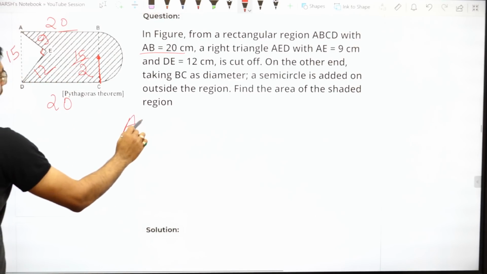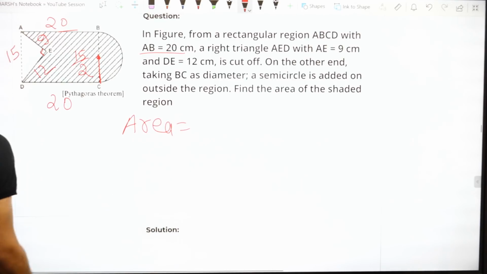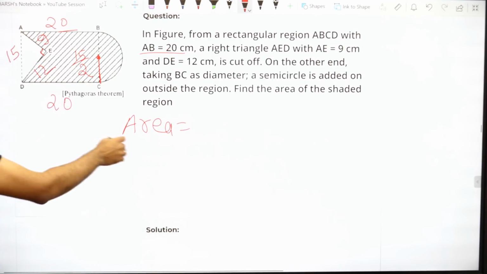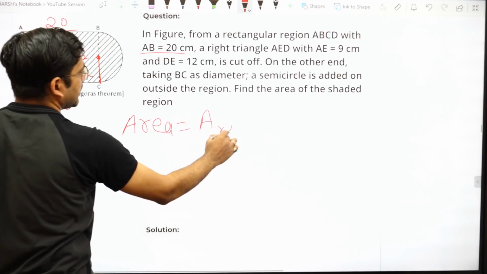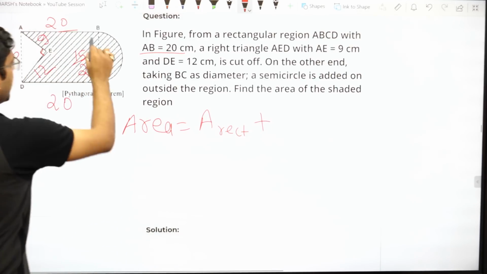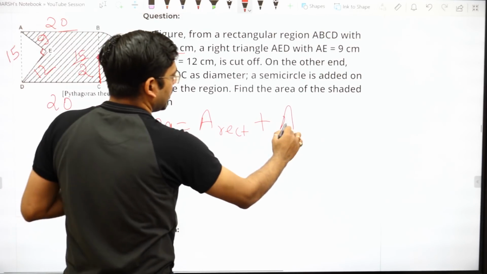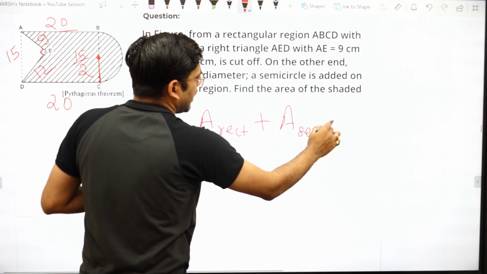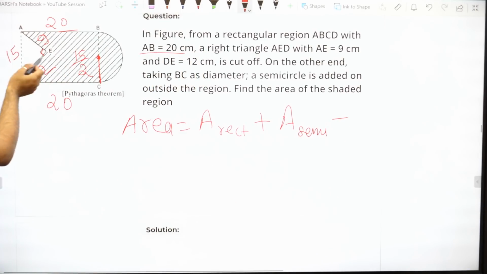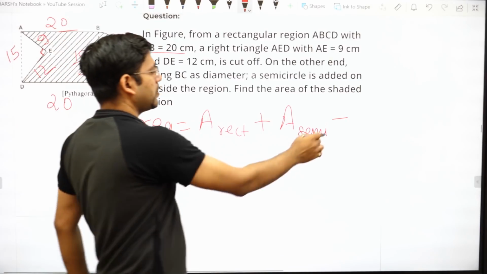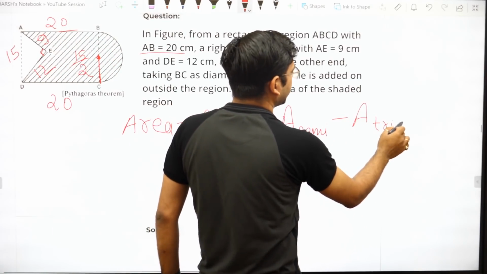So I am writing area directly. Area would be area of rectangle plus area of semicircle, and minus this portion has been removed, so area of triangle.